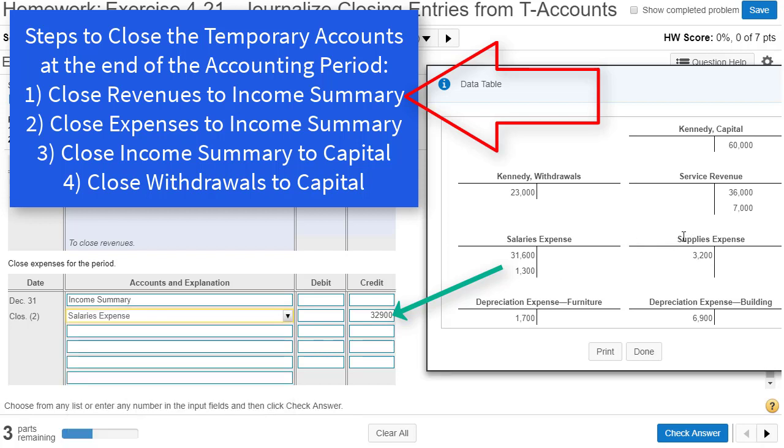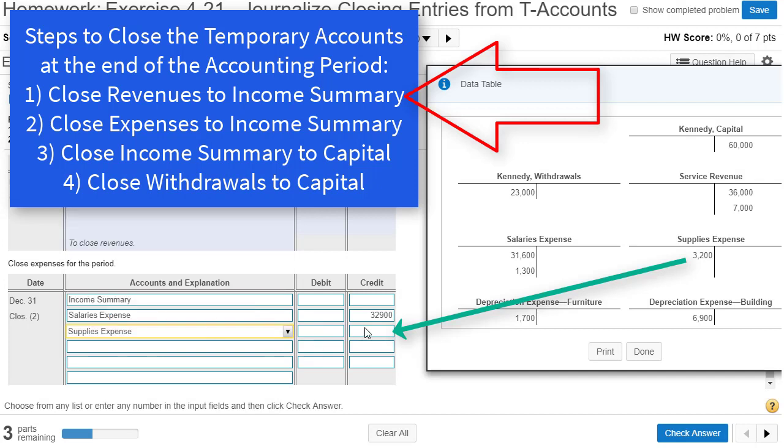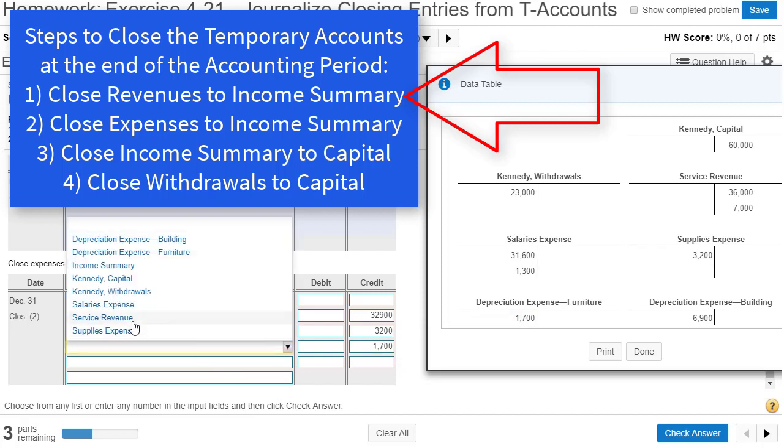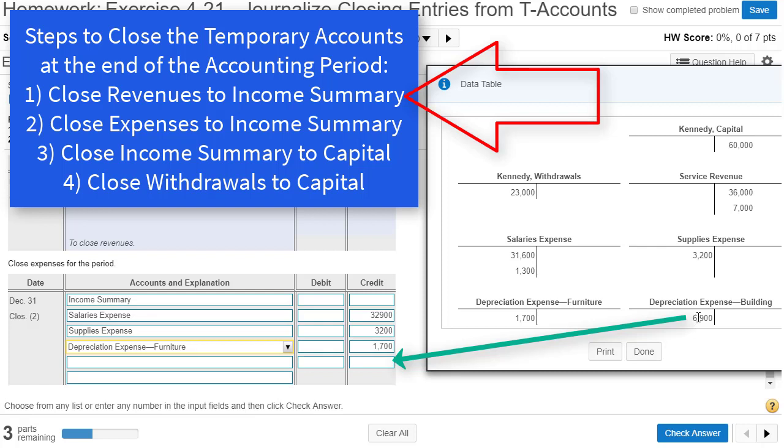Our next expense is supplies expense. So that will be 3,200 on the right side. And then we've got depreciation expense. We have 1,700 on the left side. So to close that, we're going to put that on the right side. And then we've got 6,900 depreciation expense on the left side.